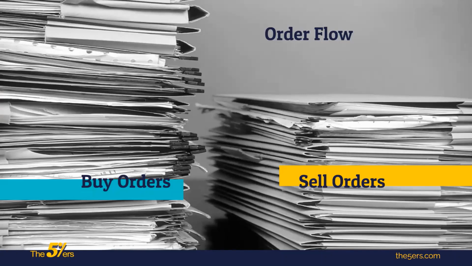This is the desk at the exchange, certain price for a certain commodity or stock or contract, whatever it is. On the left side, we have the buy orders, the orders that are looking to match sellers. On the right side, we have the sell orders, right?